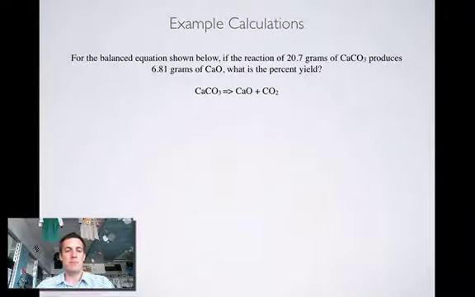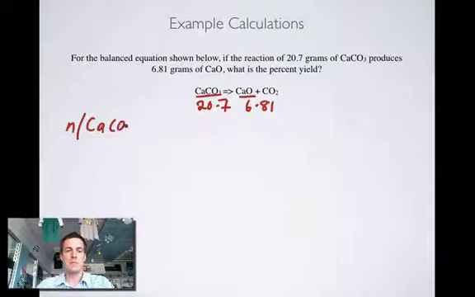Here's another one. For the balanced equation shown below, in the reaction of 20.7 grams of calcium carbonate, I've got 6.81 grams of calcium oxide. What is the percentage yield? So this is going at it from the other way now. We're trying to find the percentage yield, so let's find the number of moles of calcium carbonate.